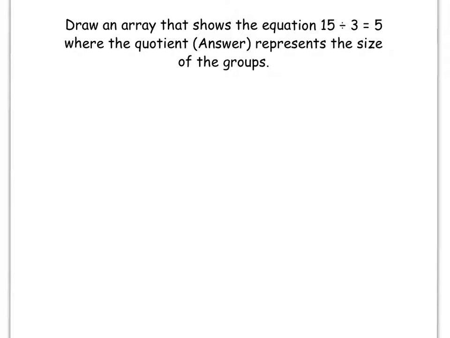For problem 2, let's draw an array that shows the equation 15 divided by 3 equals 5, where the quotient, or my answer 5, represents the size of the groups. So this array is going to look different from problem 1 that we just did, because in this case, 15 divided by 3 equals 5.